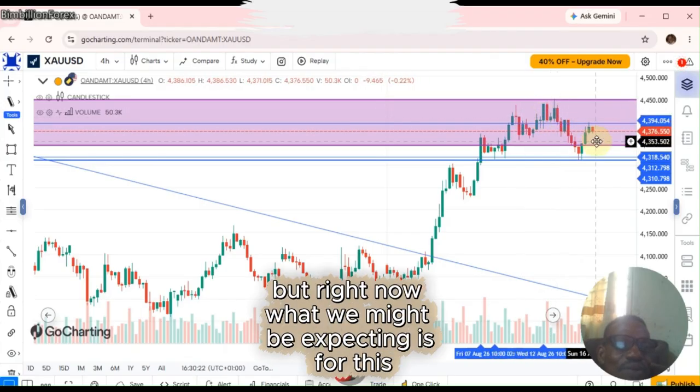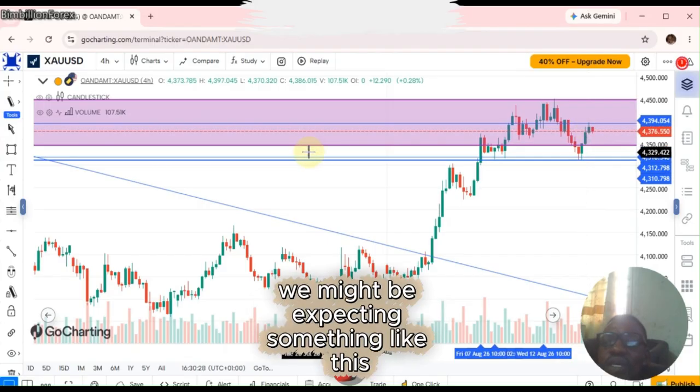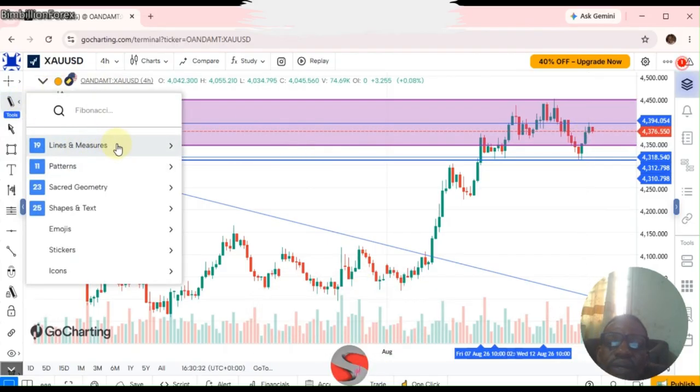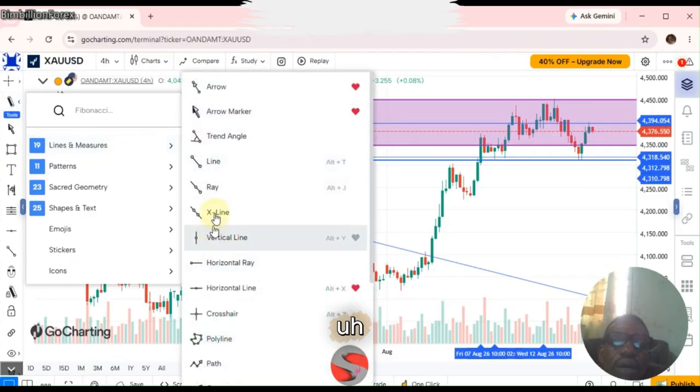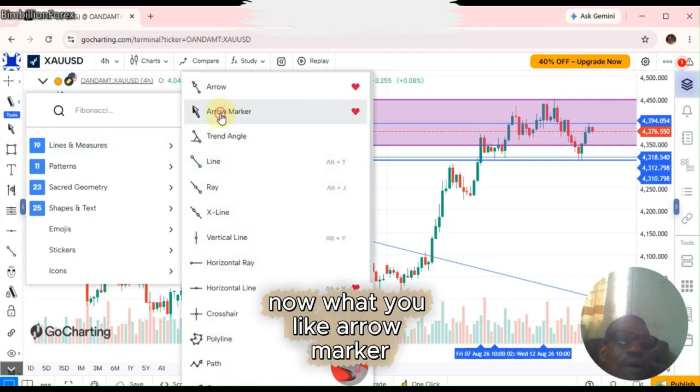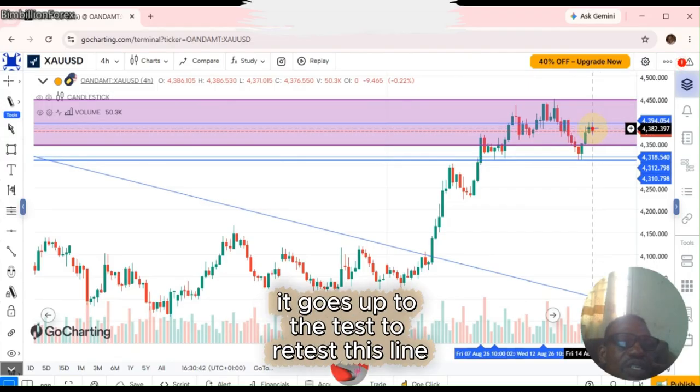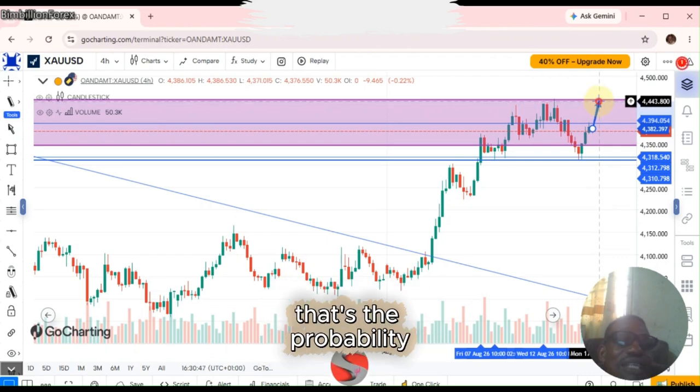But right now, what we might be expecting on this 4-hour time frame is something like this, up to this line. Either from here it goes up to retest this line. That's the probability.